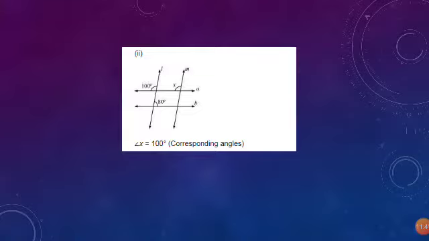So angle x is equal to 100 degrees, by corresponding angles.